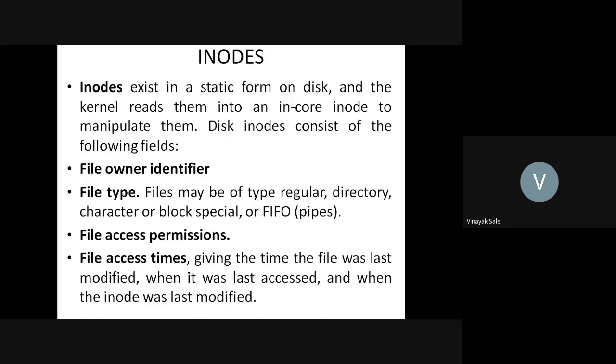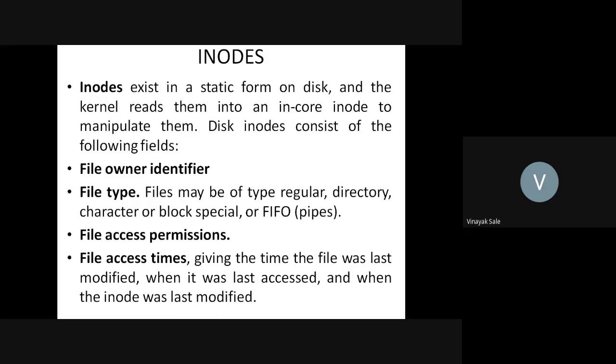Disk inode consists of the following fields: file owner identifier, that is user, group, or other; then type of file, that means files may be of type regular, directory, character file, block file, or FIFO, that is in case of pipes, first in first out.